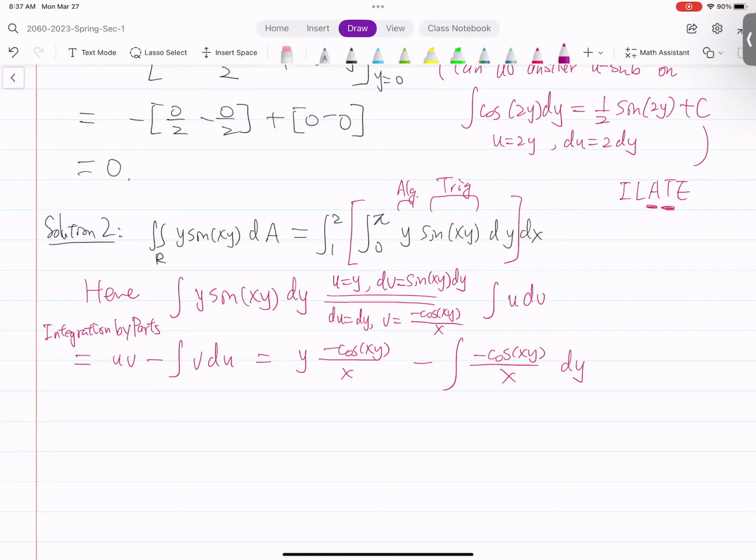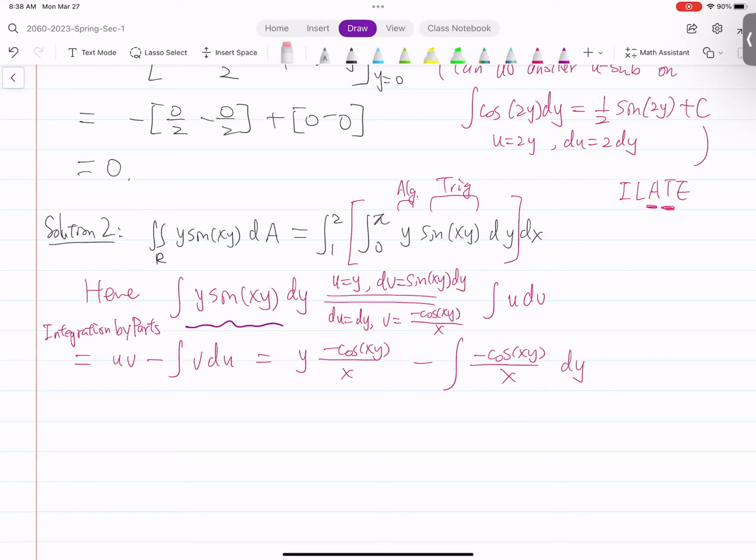Now if you're looking at this part, this integral is much simpler than the previous one, because the previous one is a product of functions, y times sine of xy. Here, although this looks like a fraction, x is treated as a constant, so you have only a cosine of something, which is much simpler.